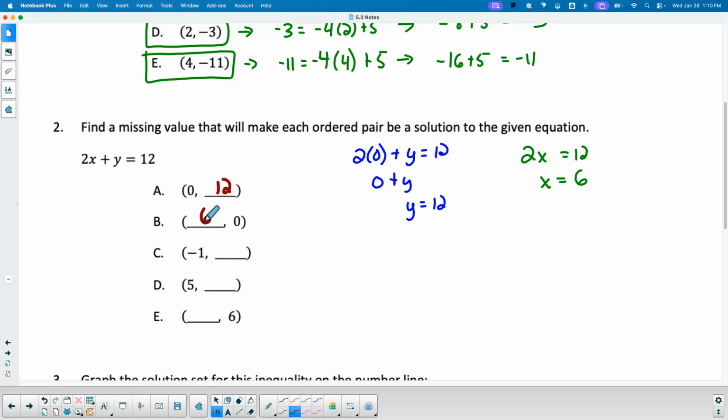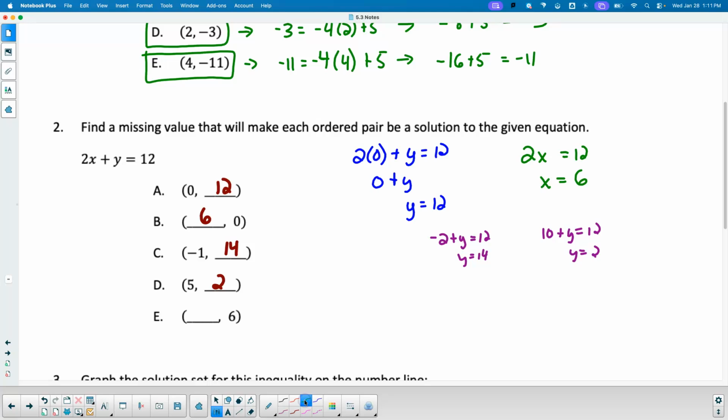Quickly on the next one, so then that's going to be -2 plus y equals 12, so that's going to be 14. 2 times 5 is 10, so that's going to be 2.